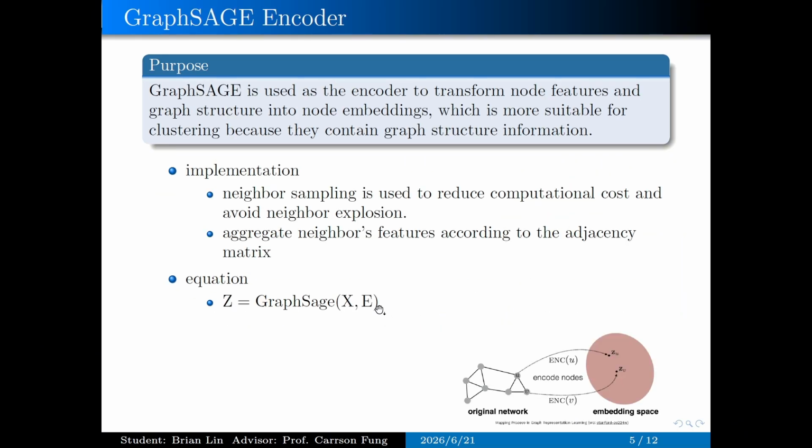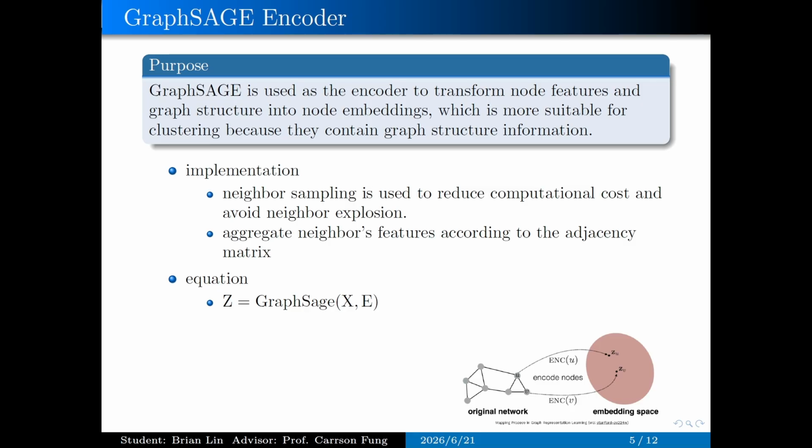The second part is our GraphSAGE encoder. This GraphSAGE is used to transform node features and graph structures into node embeddings, which are most suitable for clustering because they contain graph structure information. For the implementation, the first step is to do neighbor sampling in order to reduce computational cost and avoid neighbor explosion.